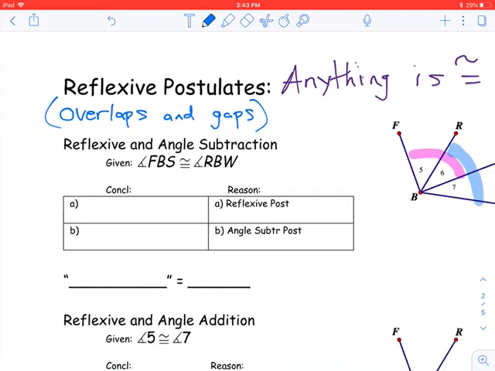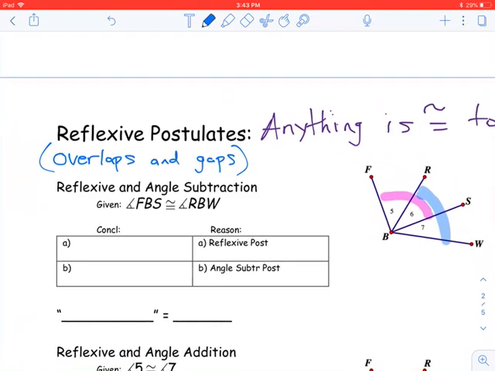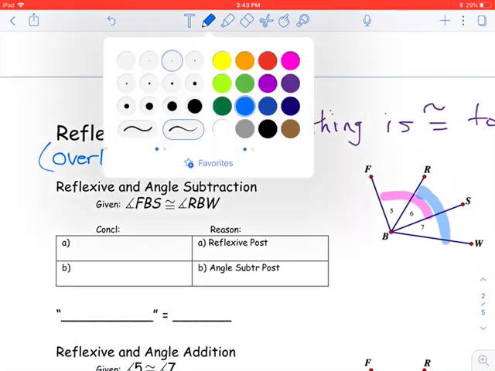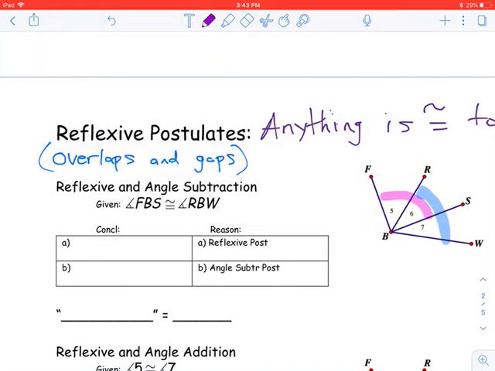Overlaps and gaps. So in this case, we have an overlap. Okay, so whatever that overlap is, we're going to go ahead and use the reflexive property to say angle 6 is congruent to angle 6 itself. Because what we want to do is get rid of it. So if we have an overlap, we want to get rid of it, and now look what we have left.